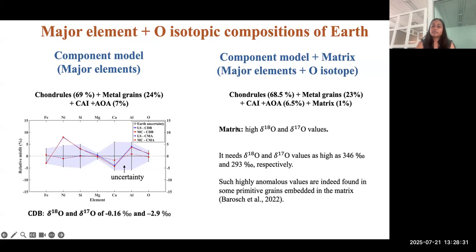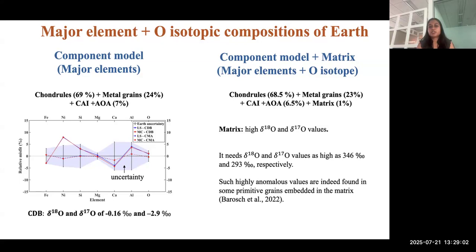However, if I'm accreting 1 weight % matrix, it's still not enough to compensate for this light isotope composition. So I would need values up to 300 per mil. Those are indeed seen in some matrix because it has some primitive solar grains showing anomalously high positive delta 17 and 18 values, okay?